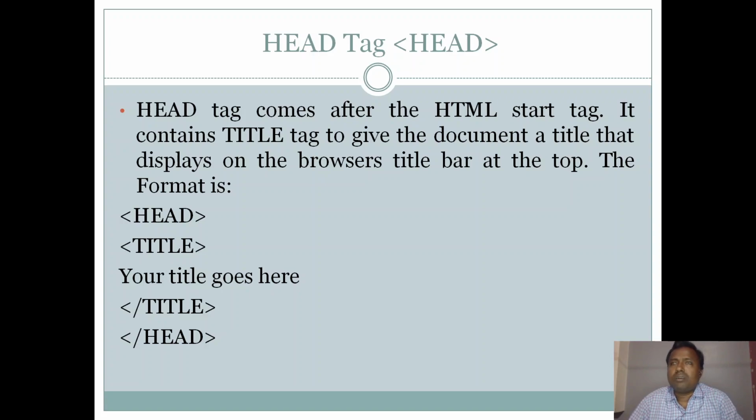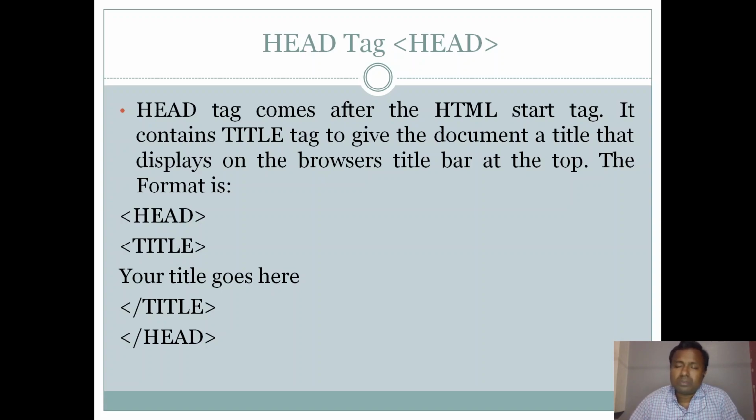The tag is called the head tag. Basically, this head tag comes after the HTML tag. This head tag also contains one called the title tag, which gives a title for the document, and it will always be displayed in the browser.